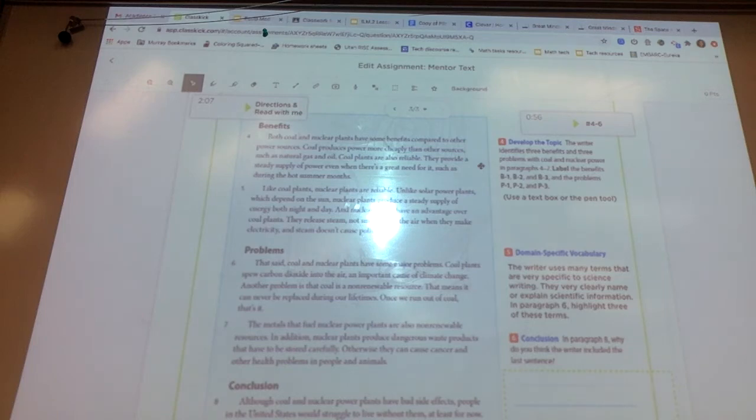Unlike solar power plants, which depend on the sun, nuclear plants produce a steady supply of energy both night and day. And nuclear plants have an advantage over coal plants. They release steam, not smoke, into the air when they make electricity, and steam doesn't cause pollution.